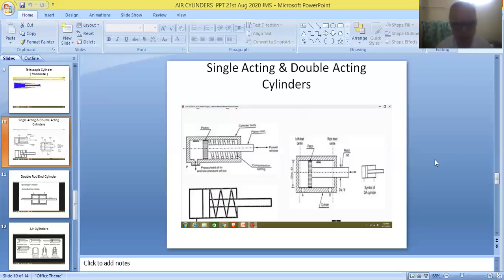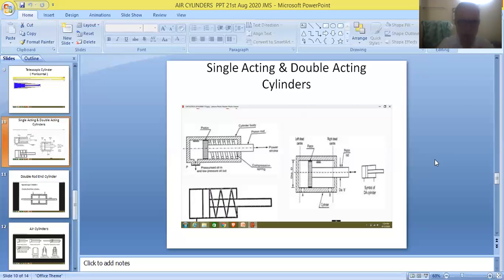So friends, this is the complete arrangement of single acting and double acting cylinders. In both cases, we can see the piston fitted to a piston rod. Finally, the piston rod will be fitted to the tool of the machine.